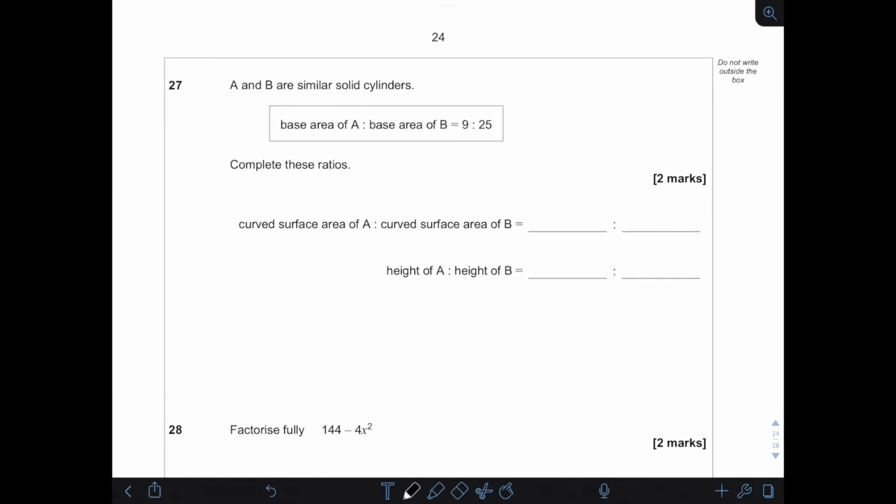A and B are similar solid cylinders, similar shapes, so we need to complete the ratio. The base area of A to the base area of B is 9 to 25. We know that the base area of a cylinder is pi r squared.